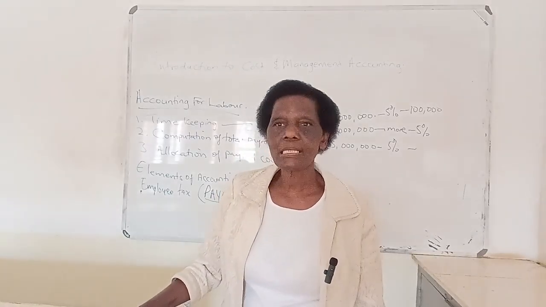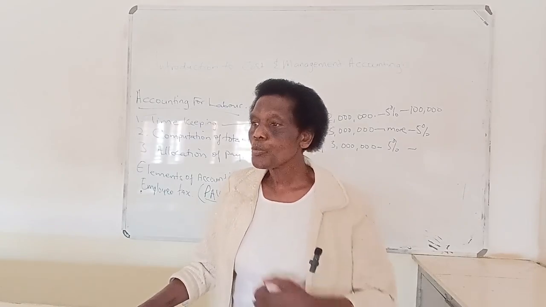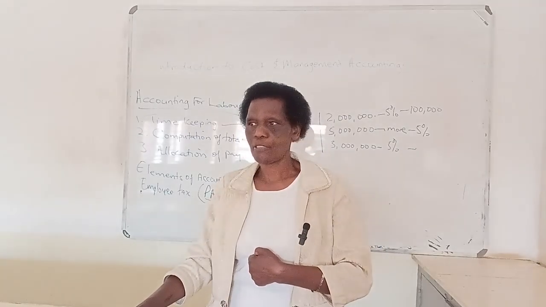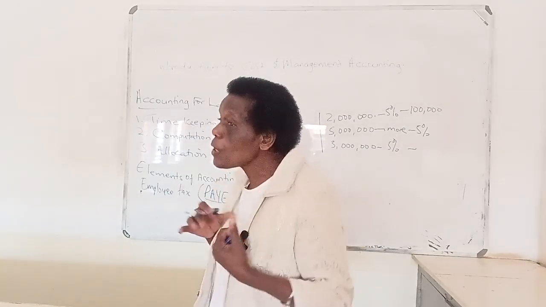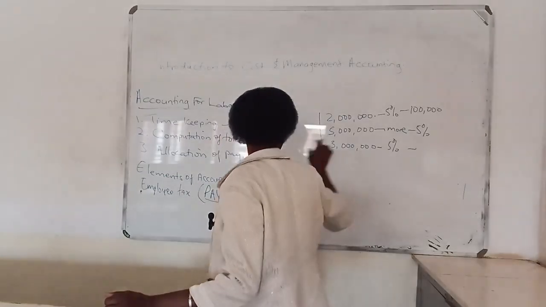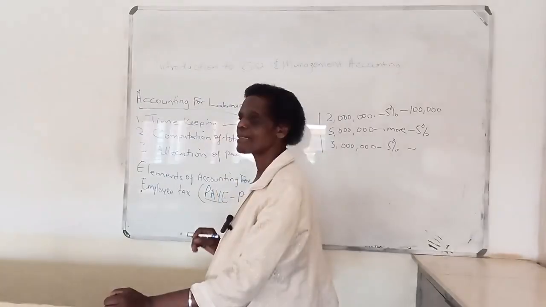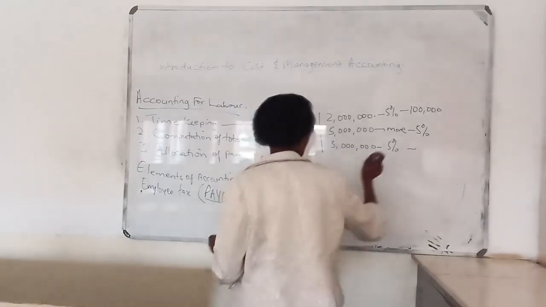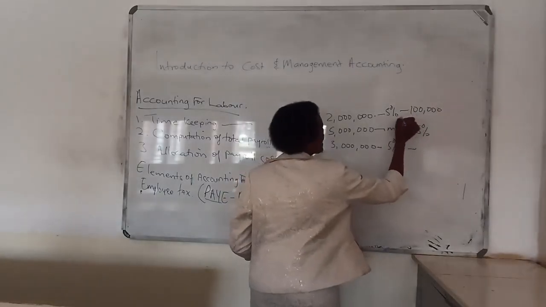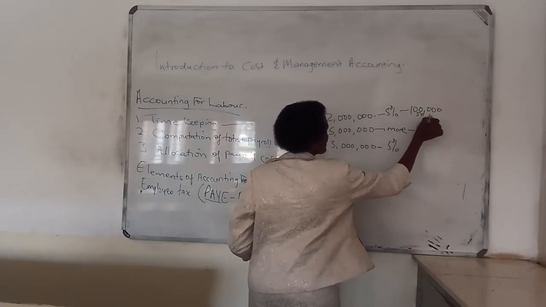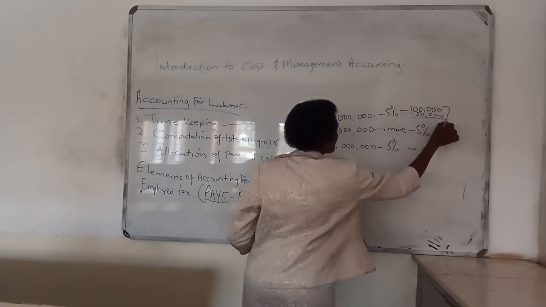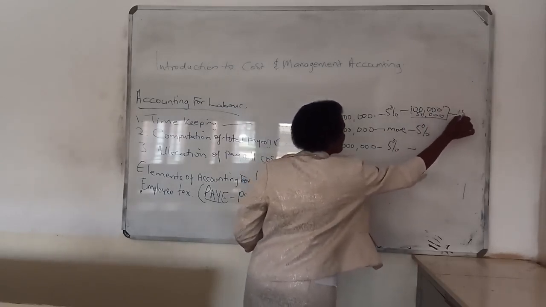Okay? So it means 100,000 is going to be deducted from Loveness. But the employer has to give her 2.5%, which means in this case it's going to be an additional 50,000. So the pension for this one is going to be 150,000.